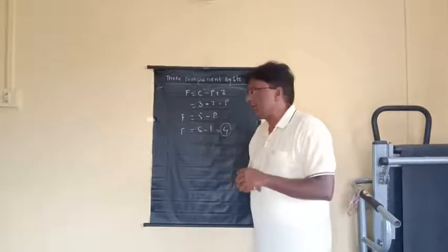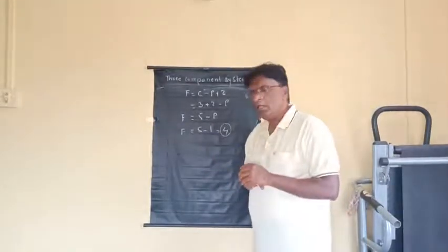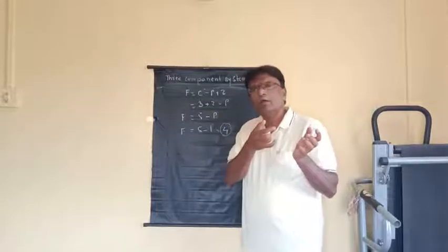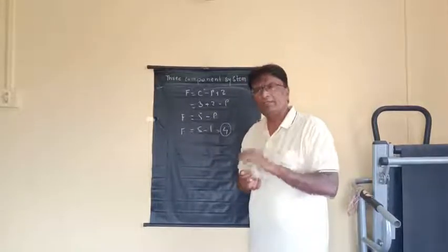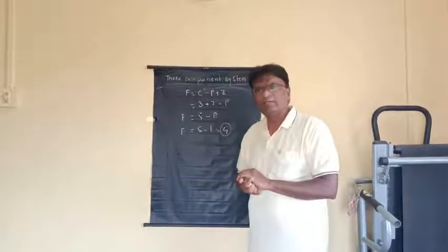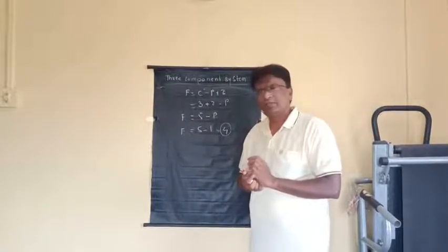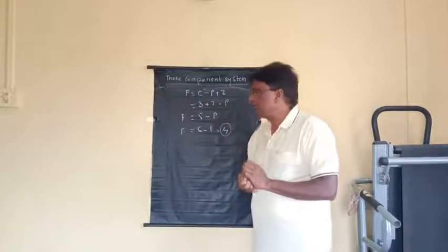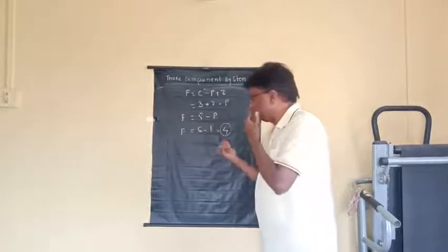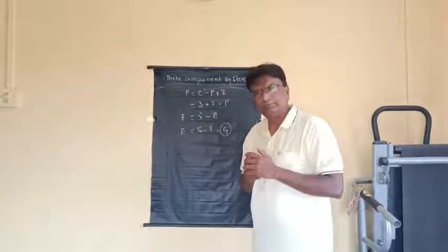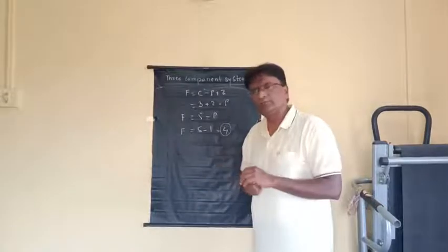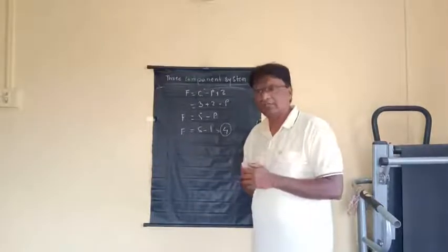Now, out of these 4 variables, if we keep pressure and temperature constant, that means entire measurements are done at constant pressure and temperature, then we get the 2 variables. That means with the help of 2 variables we can represent the system.